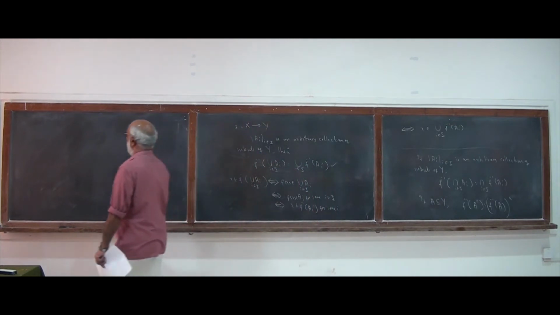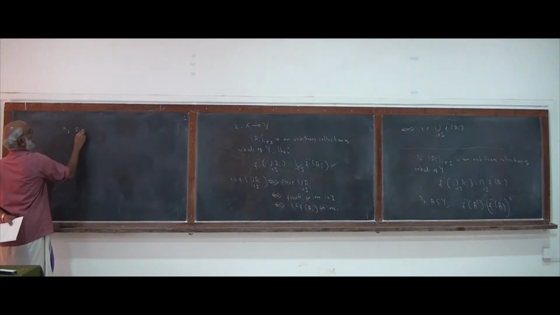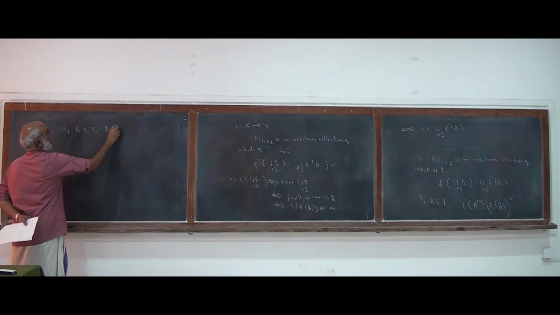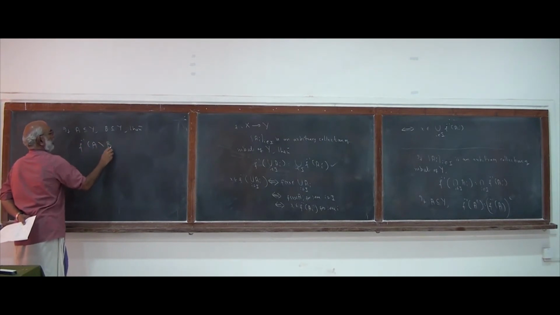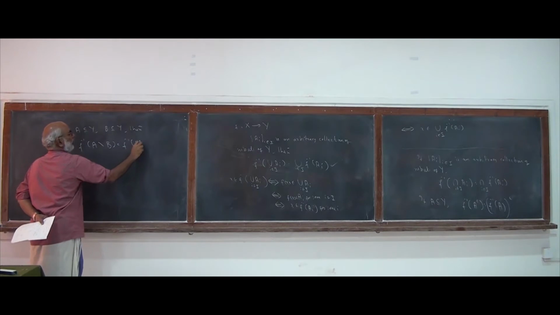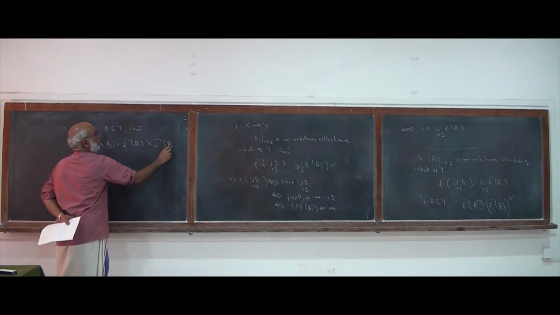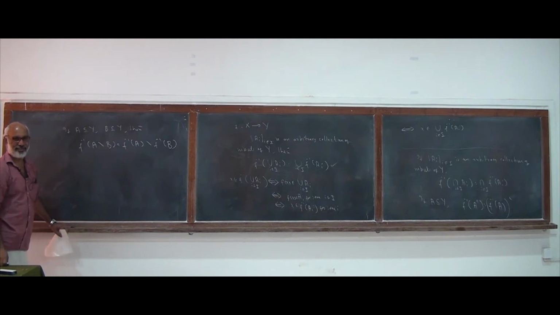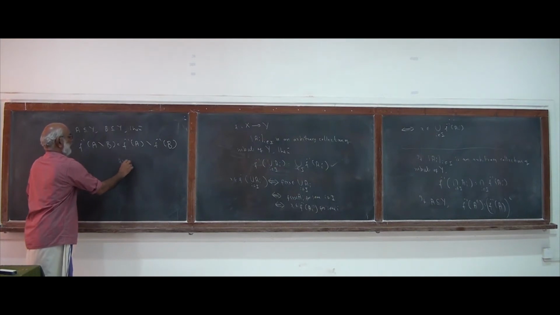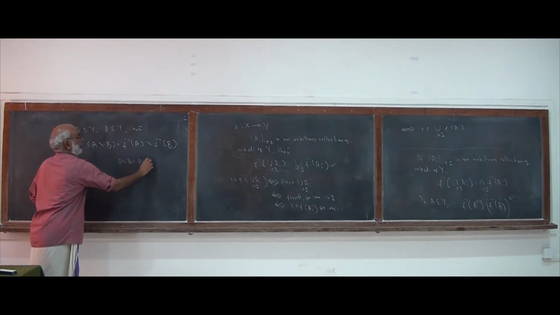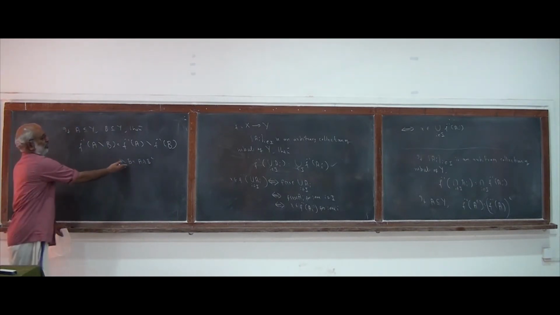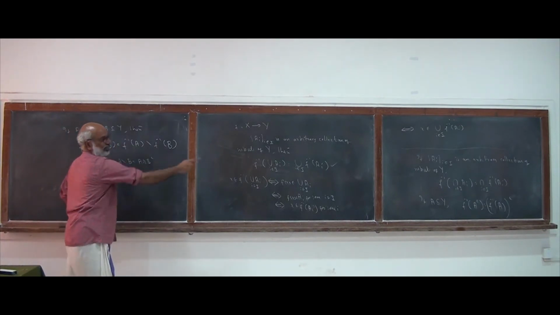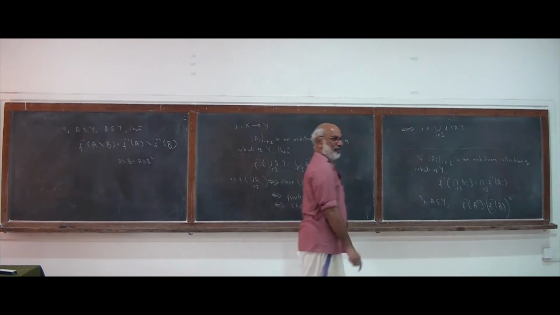And we can also get that if A is a subset of Y, B is a subset of Y, then f inverse of A minus B is equal to f inverse of A minus f inverse of B. This can be derived from that with the observation that A minus B is equal to A intersection B complement. Complement means complement with respect to Y. So using this, you can derive this from that, or you can straight away prove that.